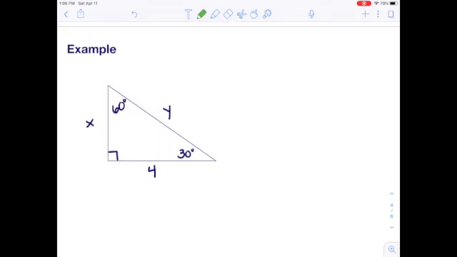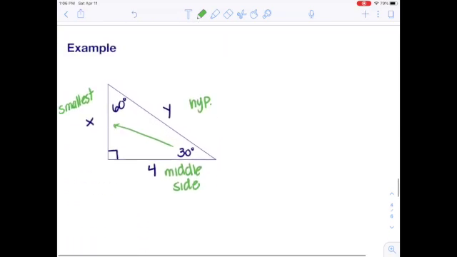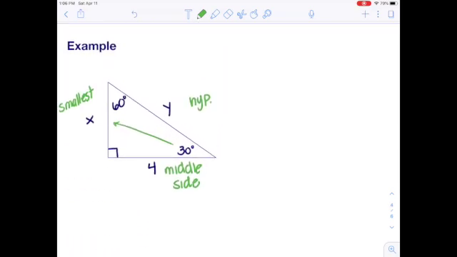Our next example, I give you the middle side. Opposite your 30 is your x, so that's my smallest. And my hypotenuse, of course, is your longest side.